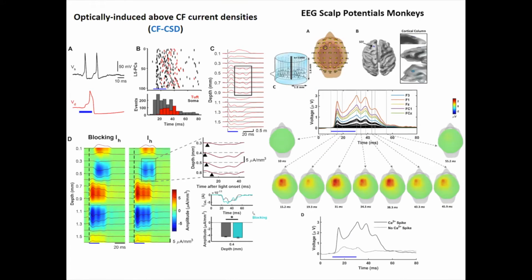We also have been able to simulate many columns of the cortical region in monkeys. Based on the topography, we have been able to reproduce what kind of signature this kind of activity, calcium spike activity, produces in these electrodes.